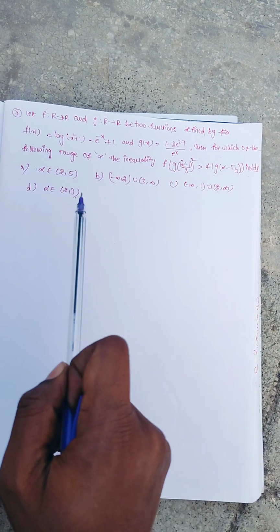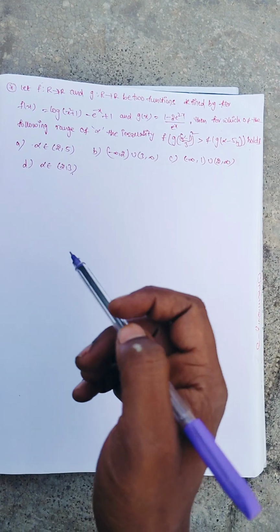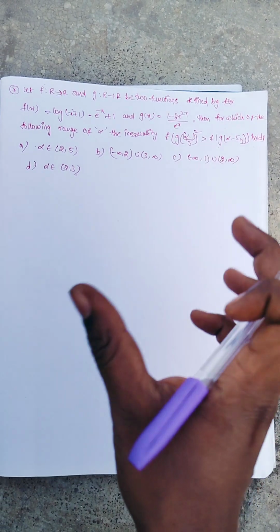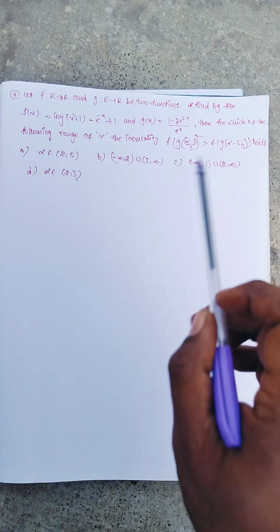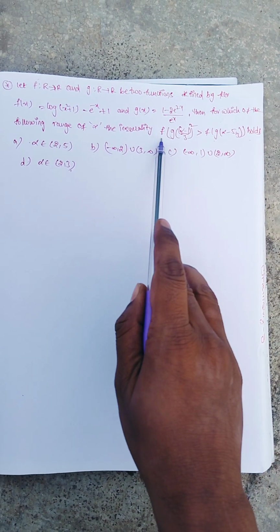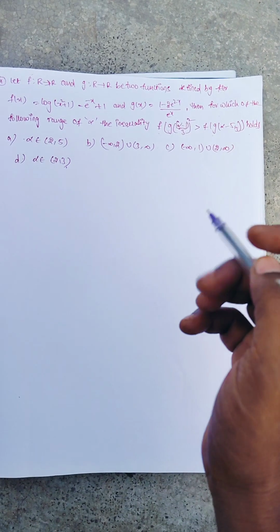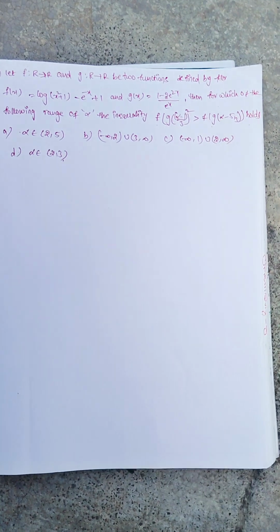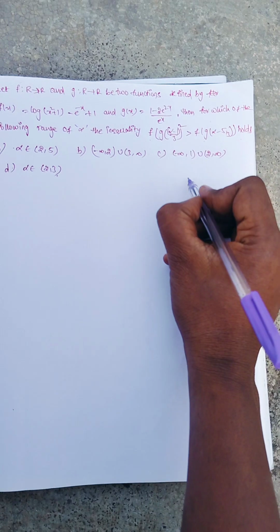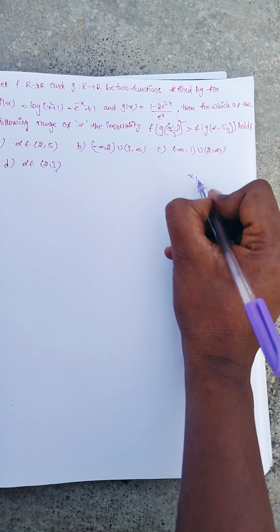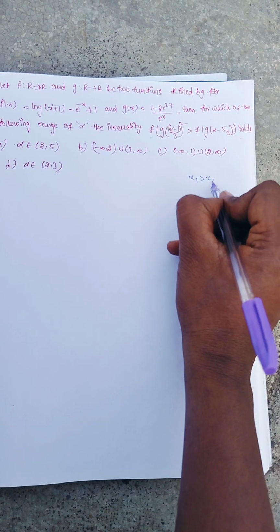Which option is correct? Okay, now in this question, the solving method: the condition is there, two functions f and g are there. Now one of the conditions is, for example, x1 is greater than x2.